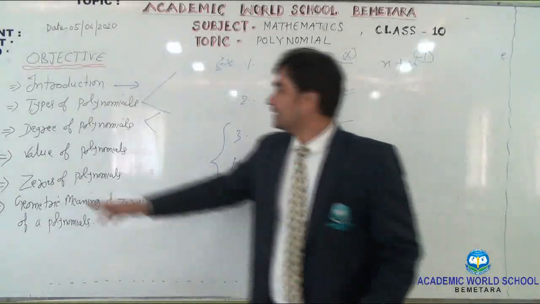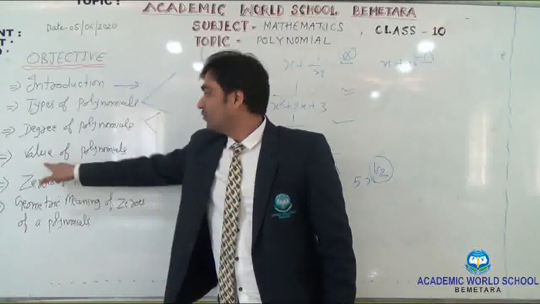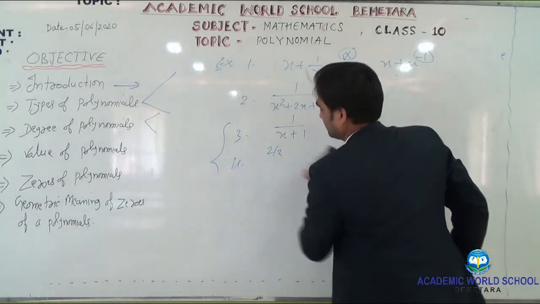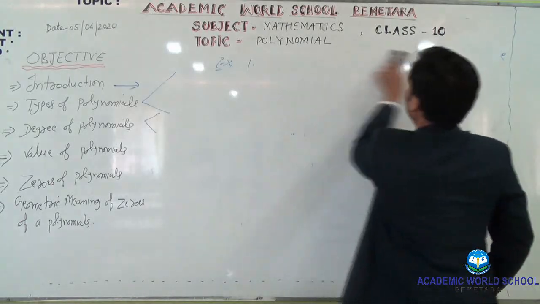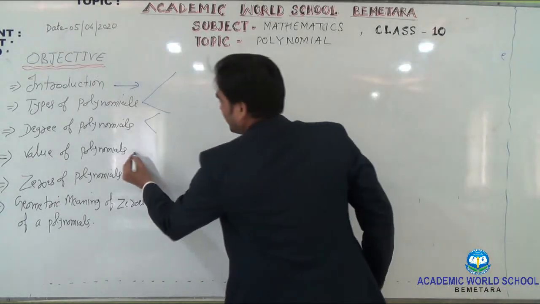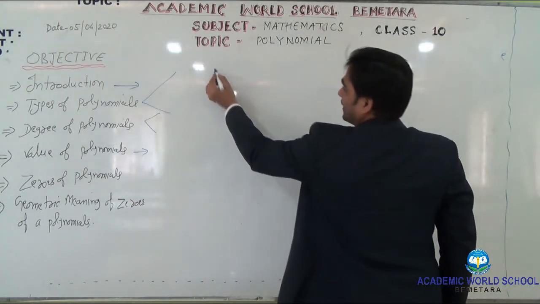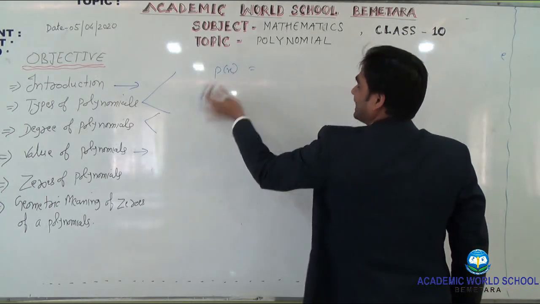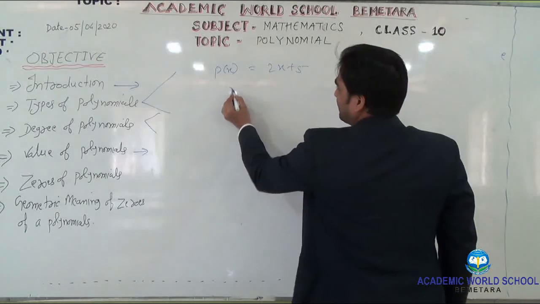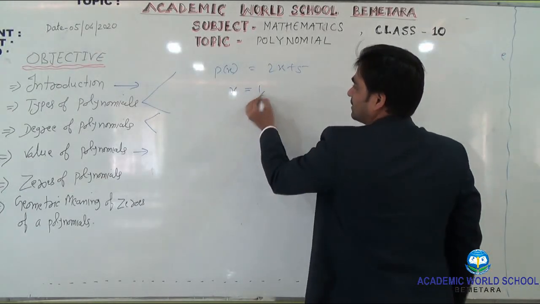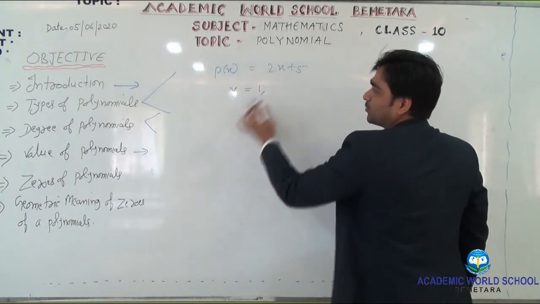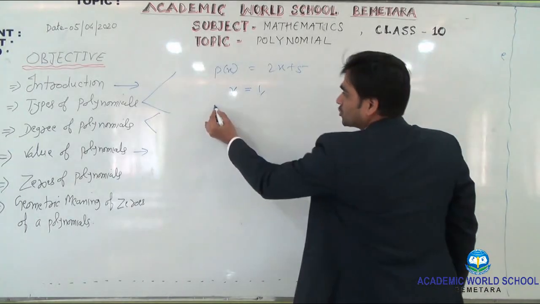After that we will come to the next topic, value of the polynomial. Value of the polynomial means that if we have a polynomial, let's suppose 2x plus 5, and we substitute x equals 1 in this polynomial, what will happen?